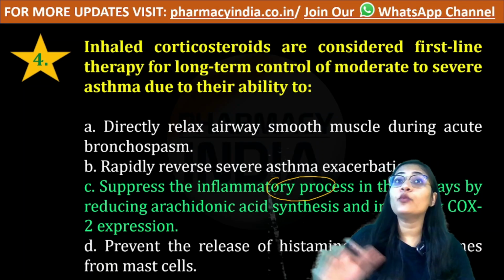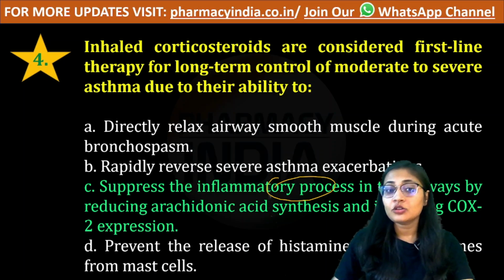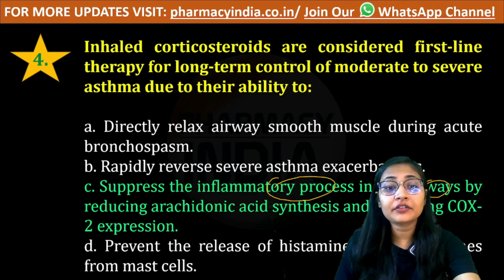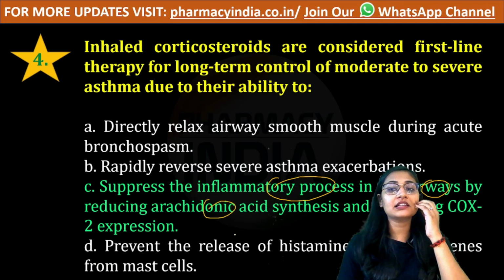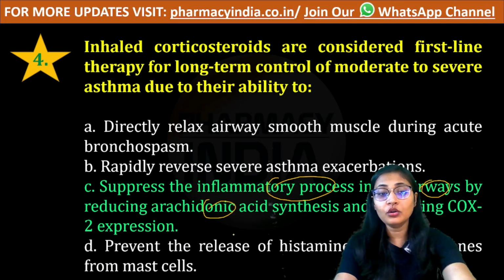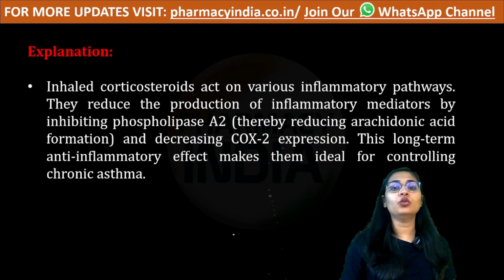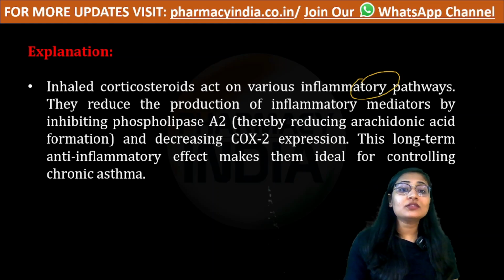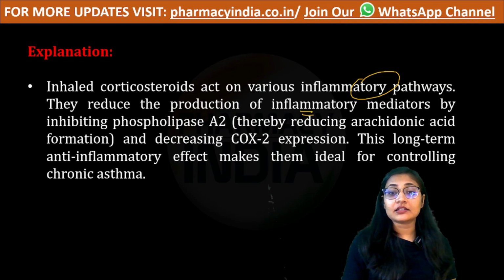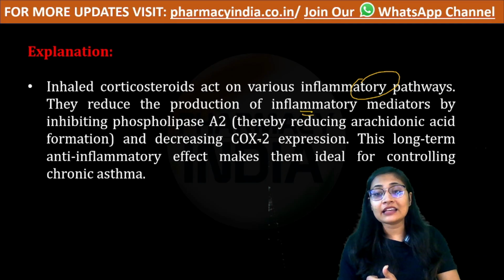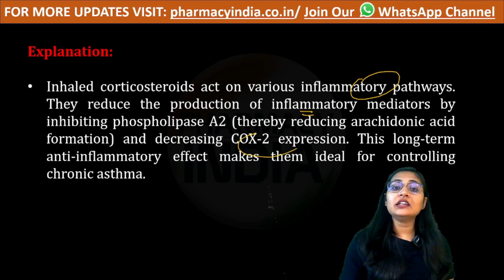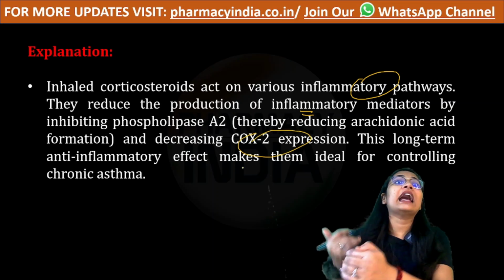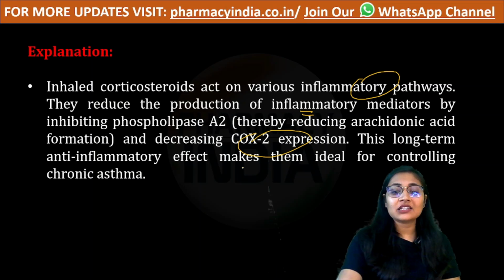It functions in various inflammatory pathways. So it suppresses the inflammatory processes in airways by reducing arachidonic acid synthesis and inhibiting COX-2 expression. By this, it reduces the production of inflammatory mediators like arachidonic acid. Also, it reduces COX-2 expression. Ultimately, it is beneficial in the treatment of asthma.